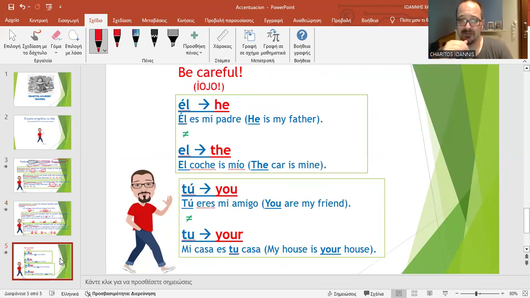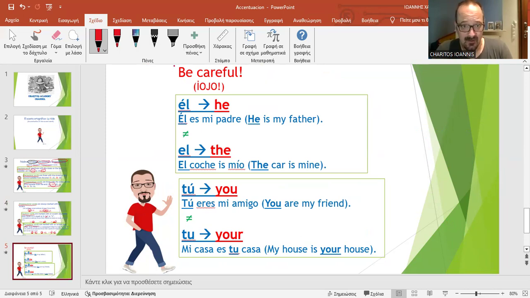Be careful, however, because there are some words that are similar in sound or the same, and in order to differentiate them, to say which one is which, I have to write the accent mark to differentiate.